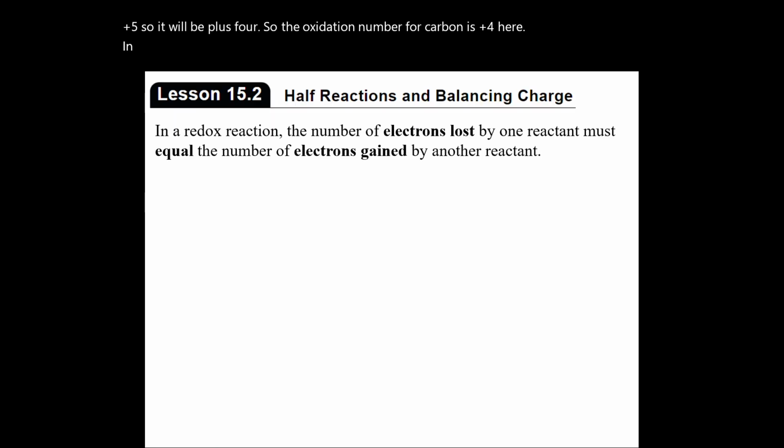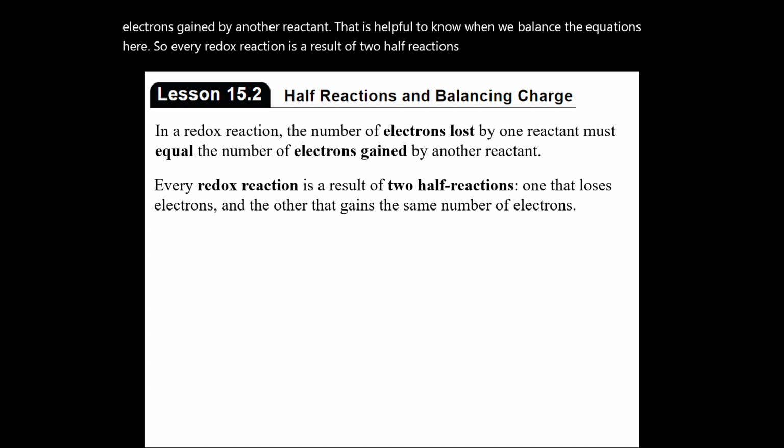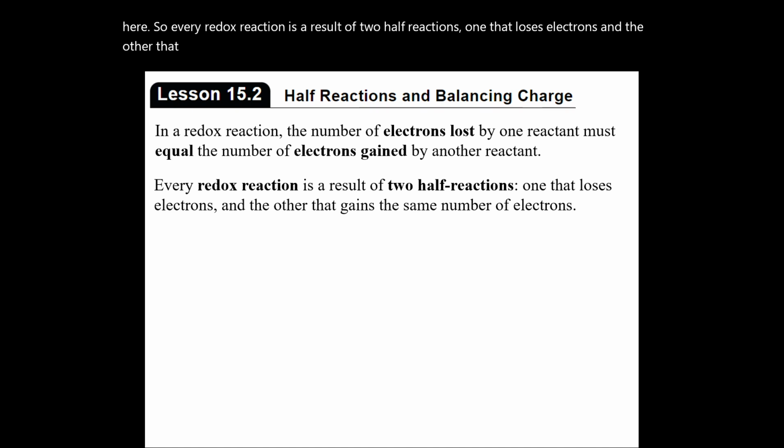In a redox reaction, the number of electrons lost by one reactant must equal the number of electrons gained by another reactant. That is helpful to know when we balance the equations. So every redox reaction is a result of two half reactions, one that loses electrons and the other that gains electrons.